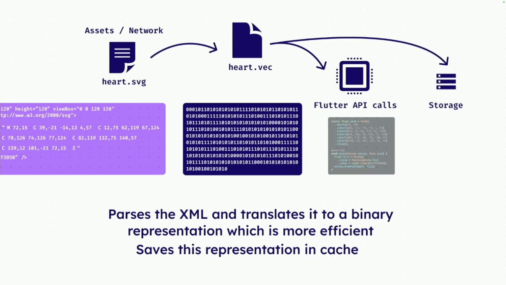So the first time that your SVG file is loaded and parsed, it will generate a binary version out of this parsing, and it will store it in your local storage, so that the next time it will load it from your vector graphics instead of the SVG file.